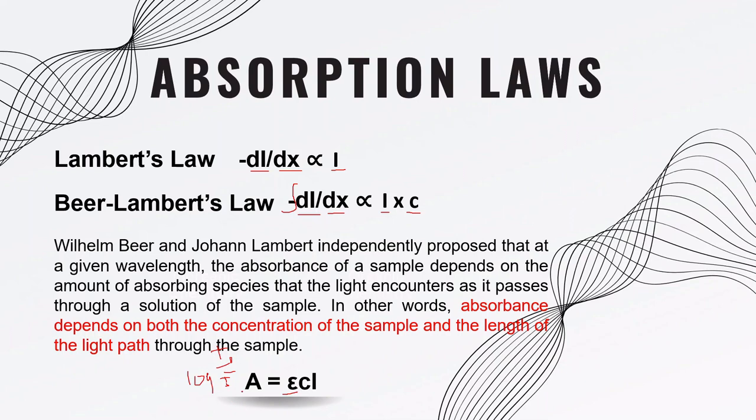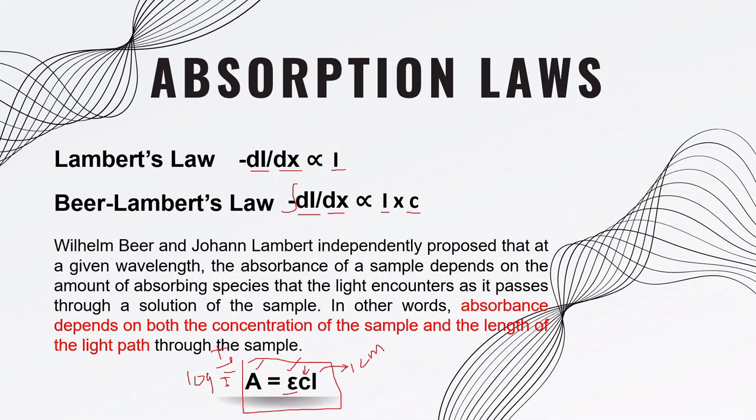Using this equation, we can calculate the concentration of an unknown solution. It's required to remember this important equation while solving questions. If absorbance is given, we can measure the concentration if we know epsilon and L. L is always 1 centimeter. In most cases, C is the concentration given in moles per liter.